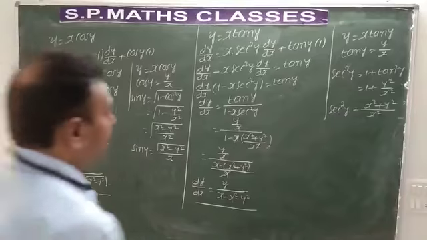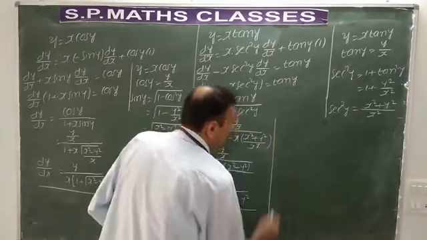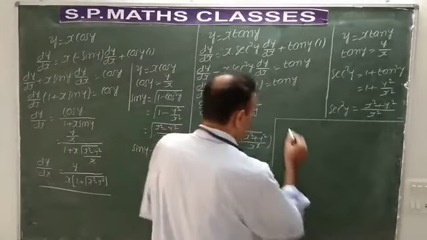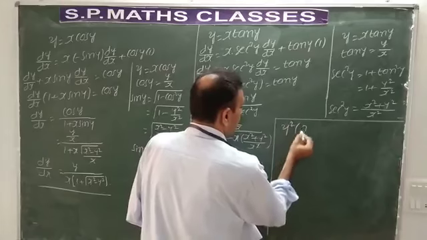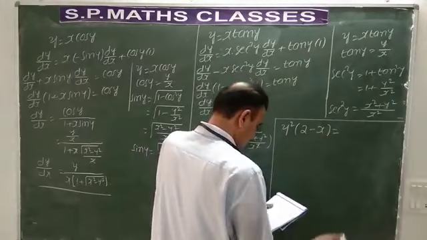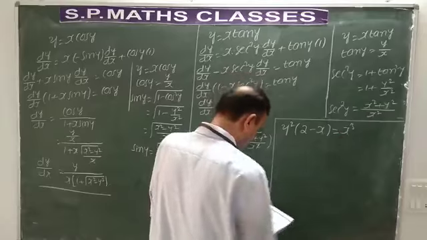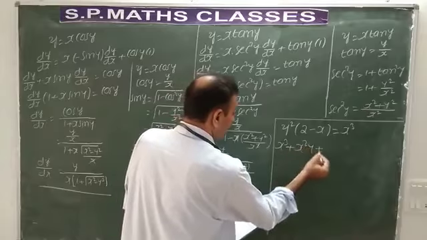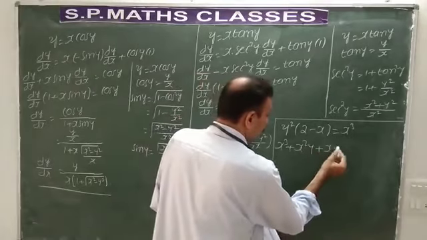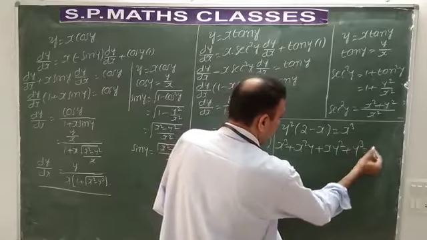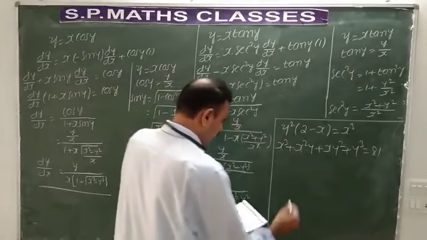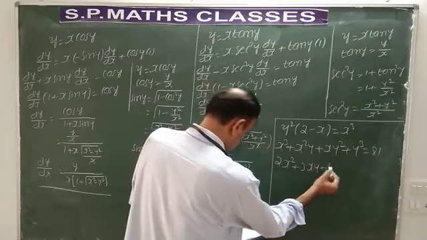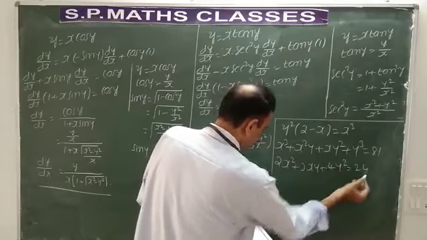A few problems will be given as homework. Please solve those problems. Find dy by dx if y squared into 2 minus x is equal to x cube. x cube plus x squared y plus xy squared plus y cube is equal to 81. 2x squared plus 3xy plus 4y squared is equal to 24.